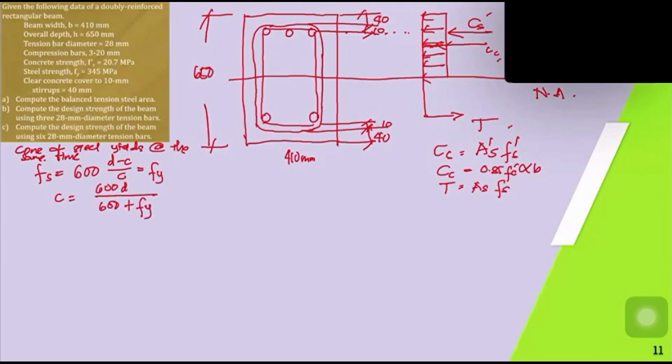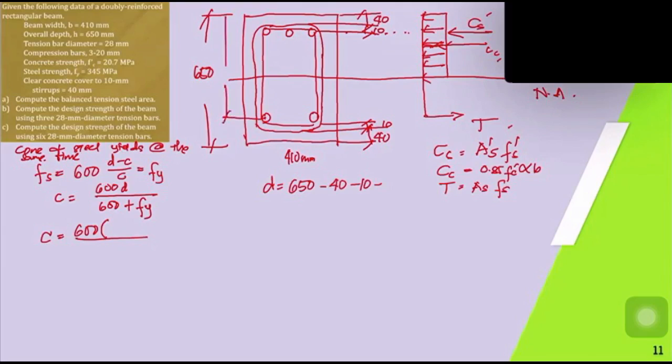Now for C: 600 times D. We have not yet computed D. What is D? That is 650 less 40 less 10 less half of the tension bar, 28/2, since D is measured to the centroid of the tension steel.